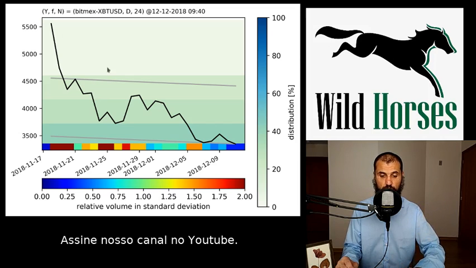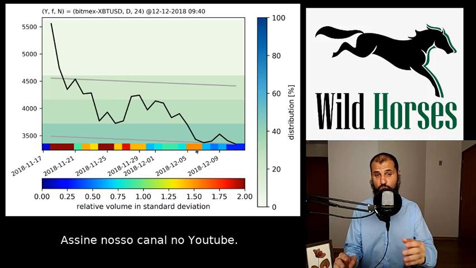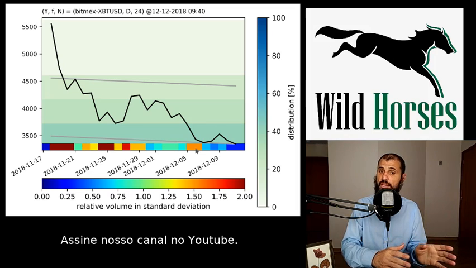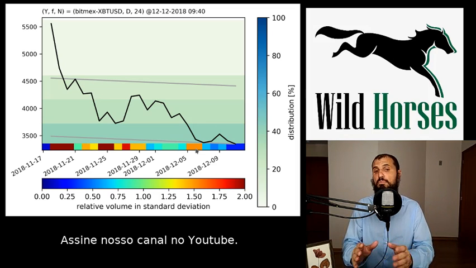You might also have noticed this inferior color bar here. It is colored according to this scale, and that represents the negotiation volume on that precise day, and the color assigned to that day is according to how many standard deviations that negotiation volume was above the average. We're not interested in values below the average, we're interested in values above the average.